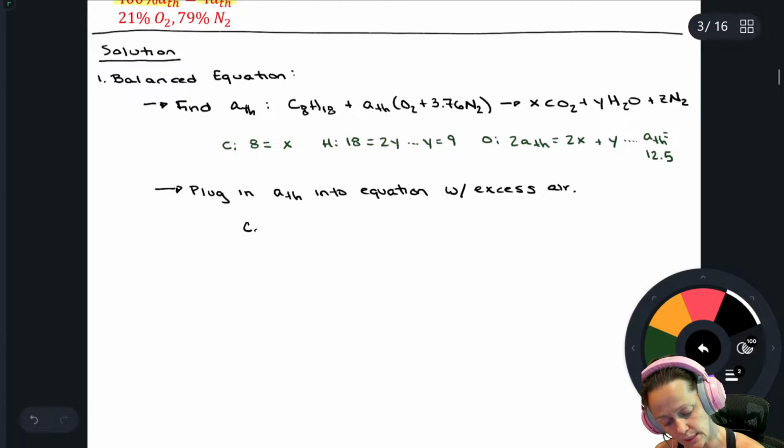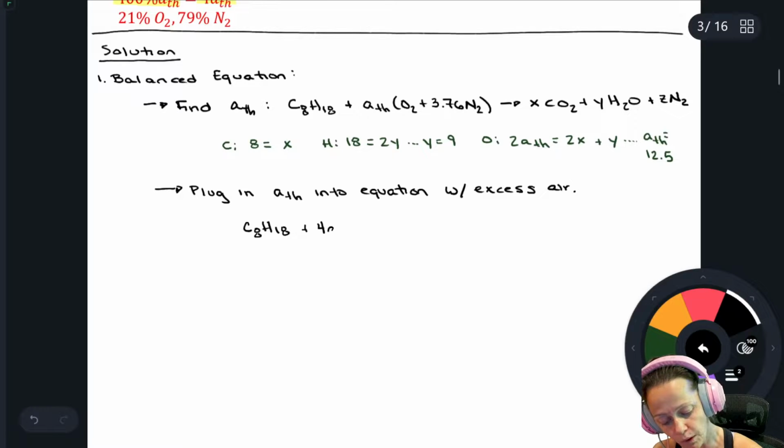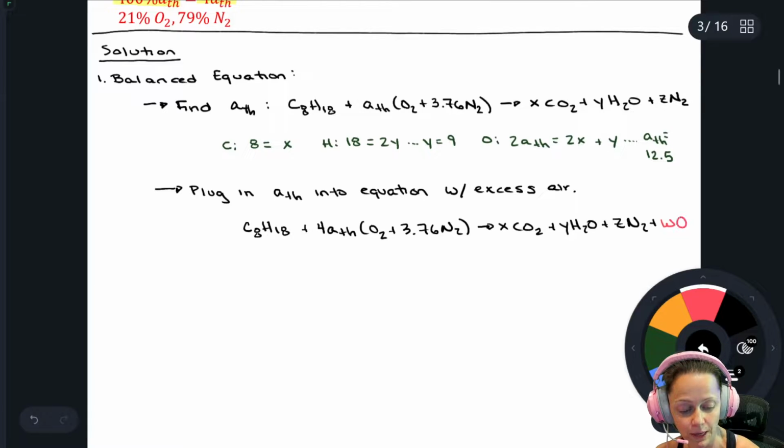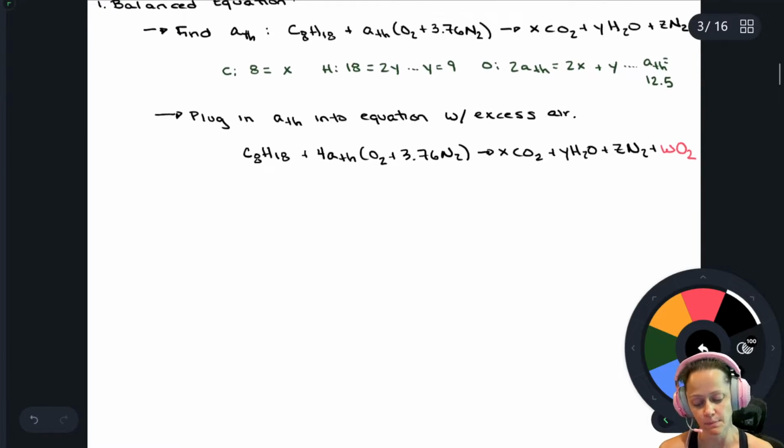I've got C8H18, but now instead of just writing ATH, I'm going to write 4ATH times (O2 + 3.76 nitrogen). That's going to give me some amount of CO2, some amount of H2O, some amount of nitrogen, and I've also got some amount of oxygen. Remember, you have to include that last term because we do have excess air.